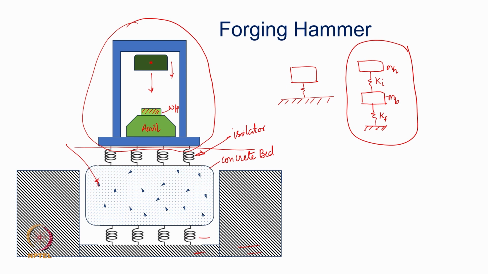Again, after you solve the equations, you have to go back and relate the response that you got, the output that you got, back to this system. Okay. So, you need to then correlate what you are getting with your system. Let us represent this forging hammer, or for that matter any of the similar systems that we have seen in the past.